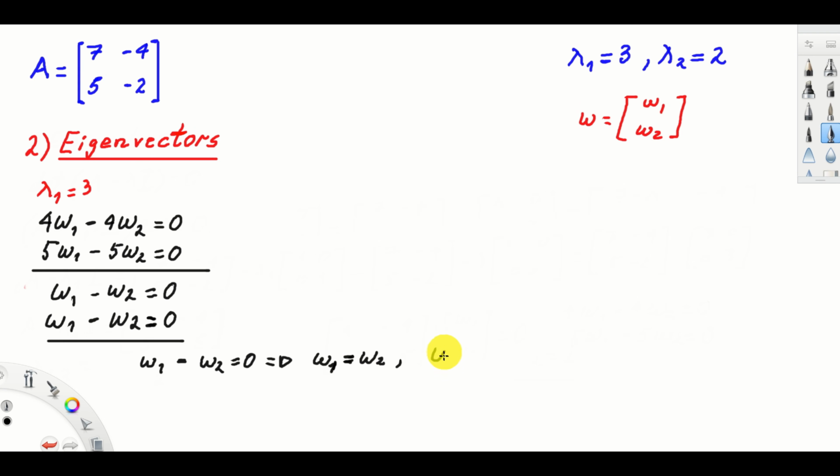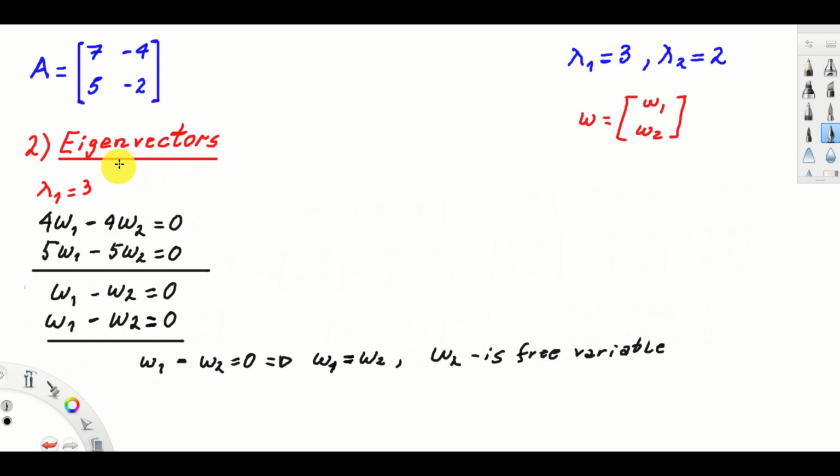That is, w2 over here is a free variable. Free variable means that you can choose it freely. This means that in reality, we actually have an infinite number of eigenvectors for this eigenvalue.